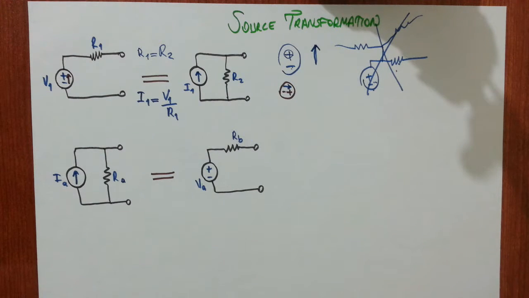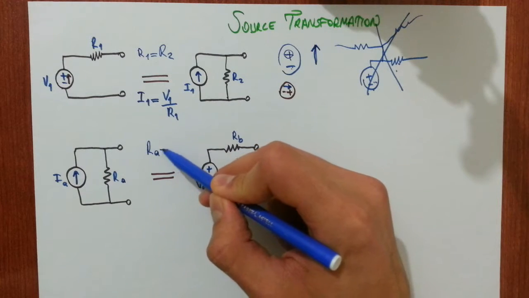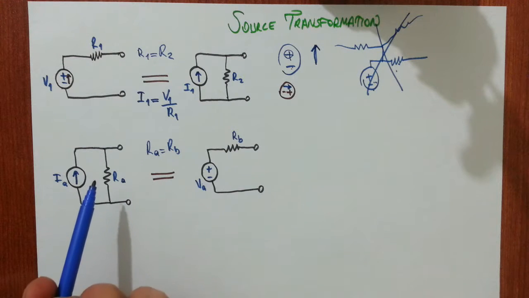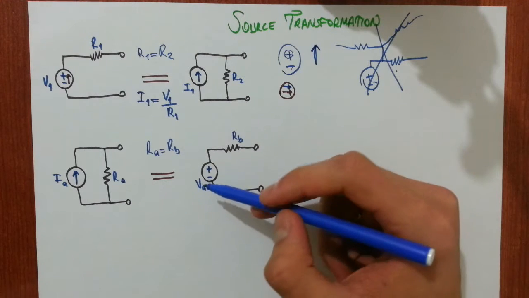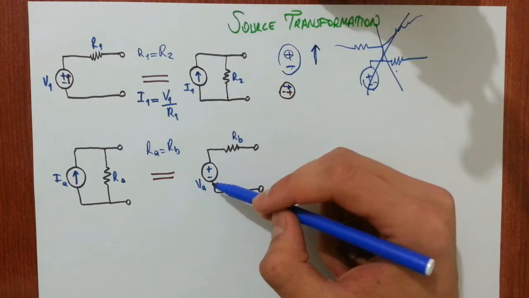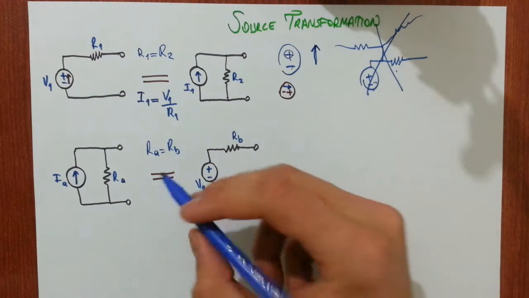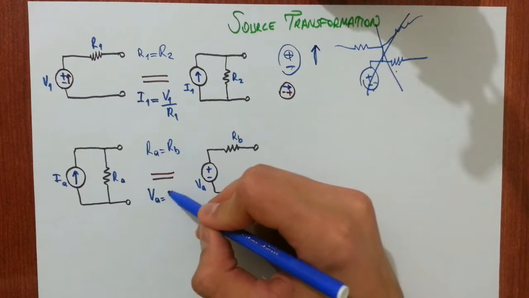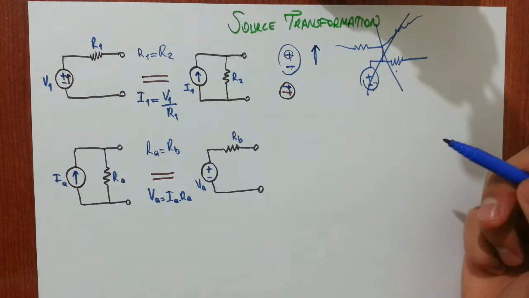Now what will happen to values? Let me write them down also. Resistance again the same. You won't need to concern yourself about the resistance. It will remain the same. But the current supplied by this one and the voltage supplied by this one will not be equal. There is a mathematical relation between them, and VA is equal to IA times RA.